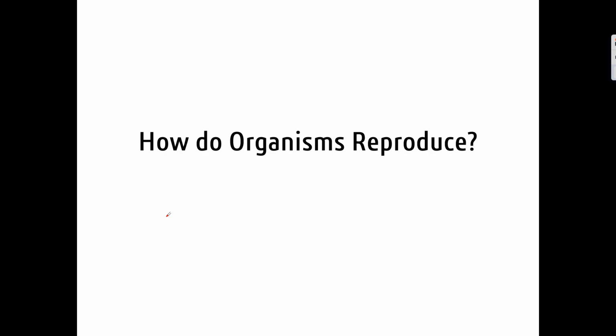In this series of lectures, I am going to talk about how organisms reproduce. These lectures are based on the class 10th CBSE textbook. In this chapter, we are going to talk about reproduction, starting with an introduction.